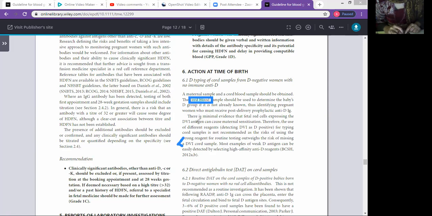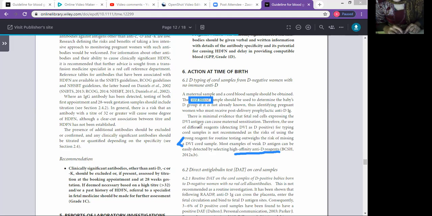Even if the DVI antigen is there, we do not need to identify this and label the patient as D positive, because most examples of weak D antigen can be easily detected by selecting high affinity anti-D reagents. But we do not use those reagents routinely to identify these fetuses.